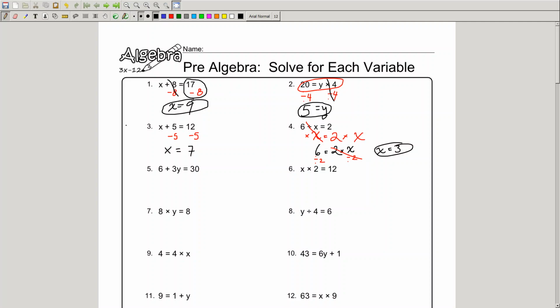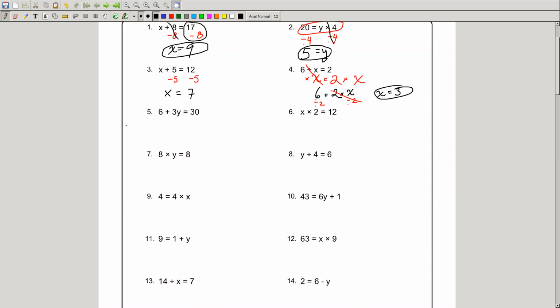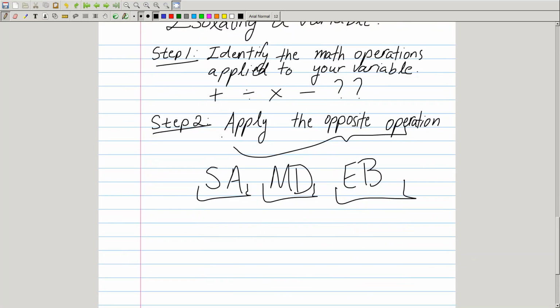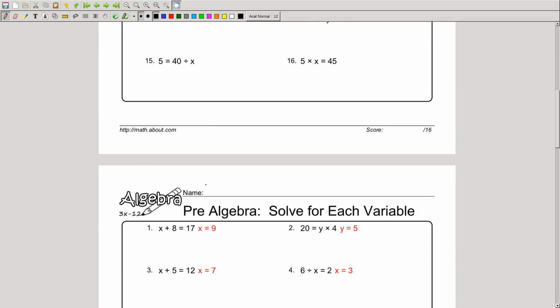Now, in example 5, here's what I'm doing. I have my variable y, and I'm multiplying by 3 and adding 6. In our notes, I said to apply opposite operations in this order, reverse BEDMAS. So I'm looking for subtraction and addition that I can do first.